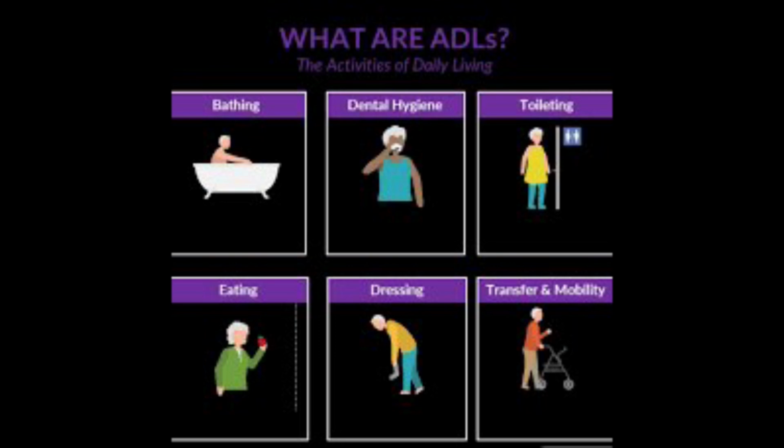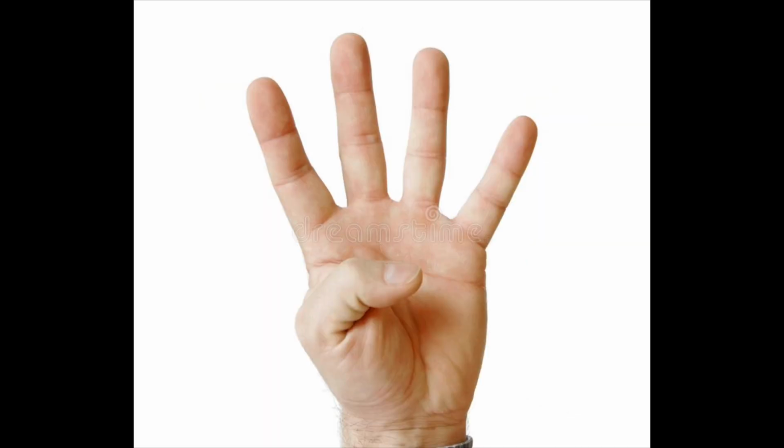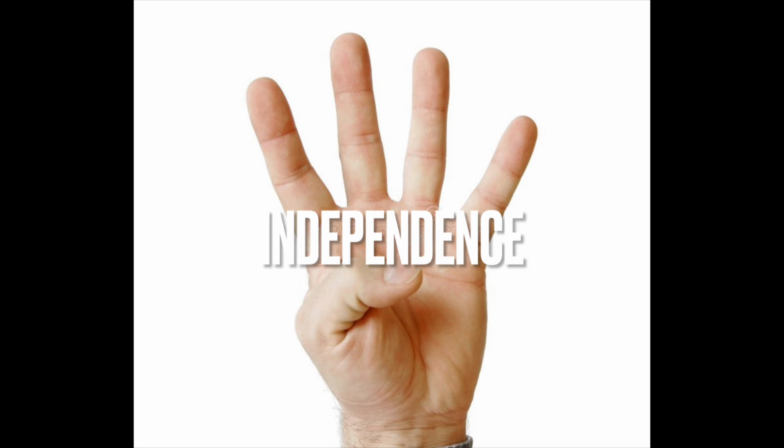Just to remind you, your main focus as an occupational therapist is ADLs and a person's ability to engage in ADLs. And when you assess their ADLs, or say personal care, you look at these four aspects. The first aspect is independence, or their level of independence.